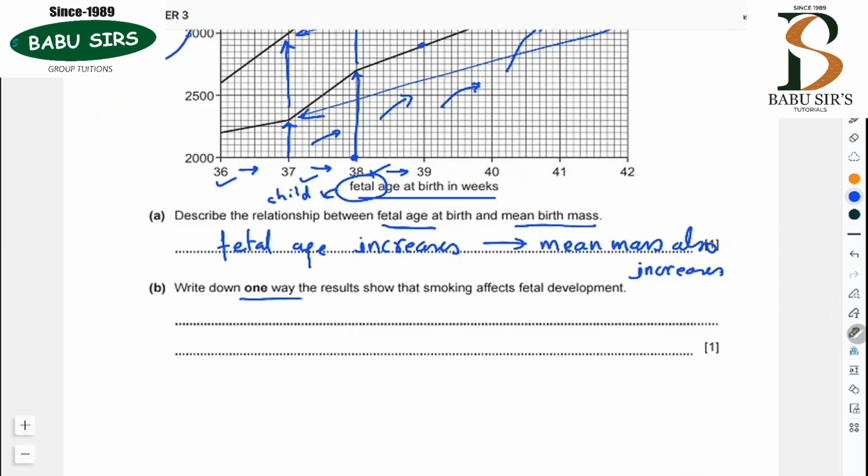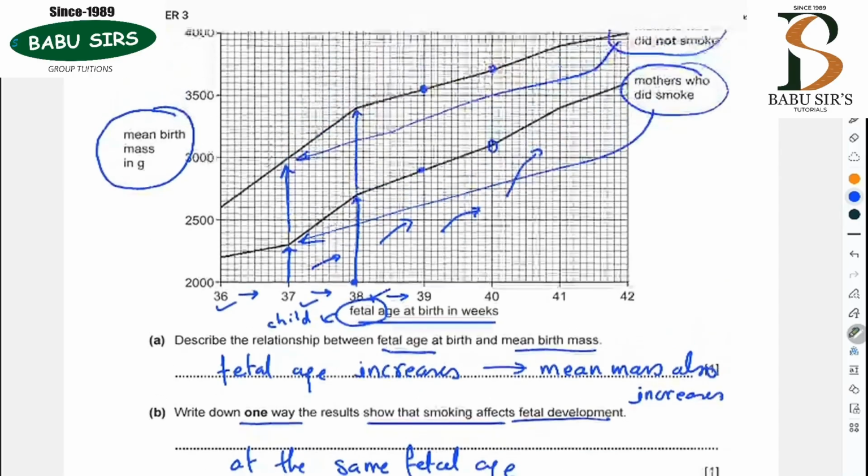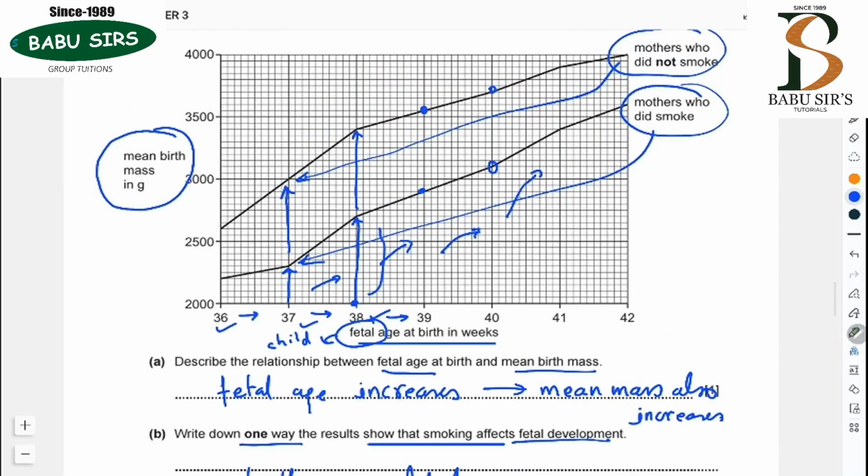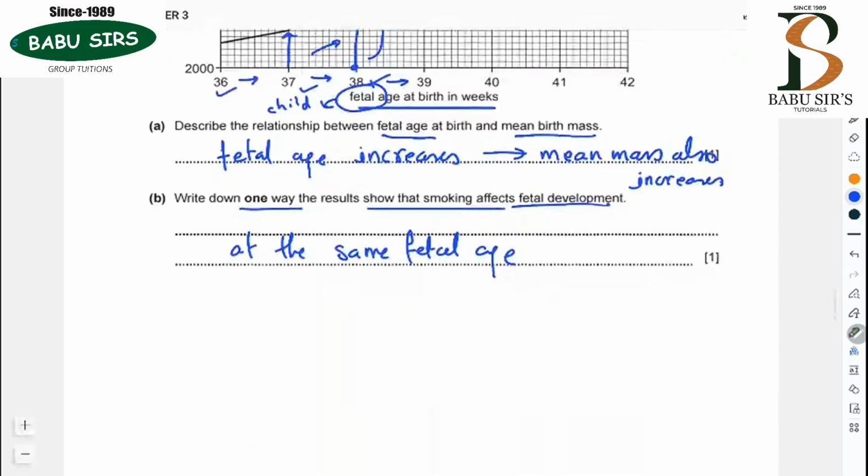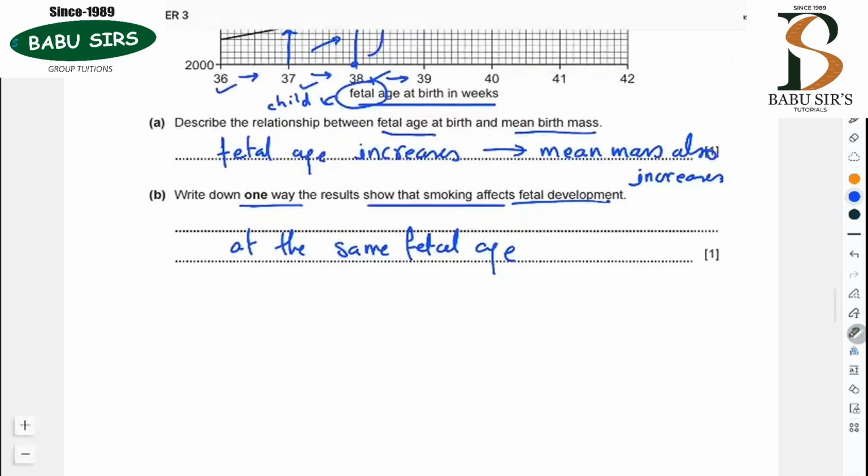So here they want to know the same thing. Write down in one way the result shown, the effects of smoking. So you have to tell at the same fetal age. For example, if you take 38, at this age you can see non-smokers have more mass and smokers' children have less mass.